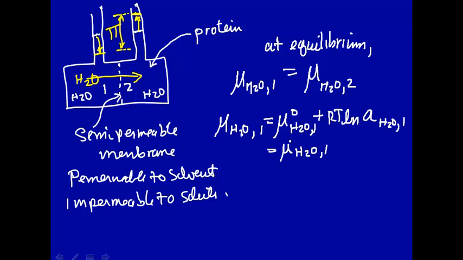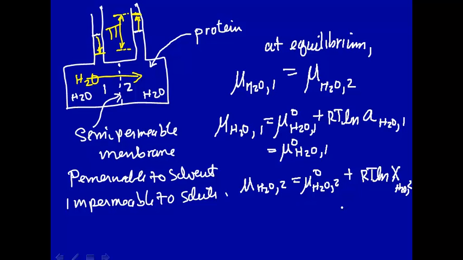Now let's look at the chemical potential of water in the second side. Well, that'll be the standard state chemical potential of water plus RT times the natural log of the activity of water. Let's assume we have an ideal solution, so I'll just put the mole fraction of water on the second side.